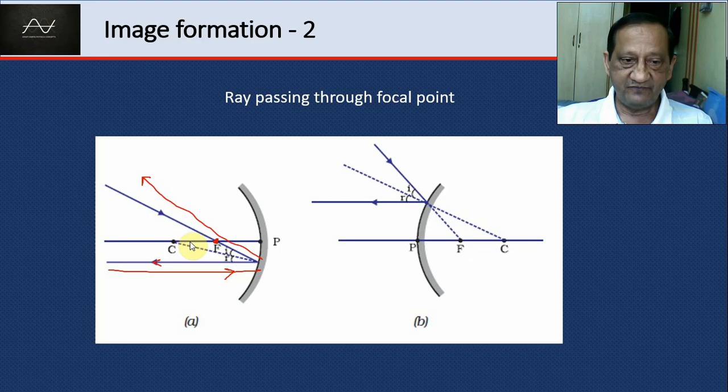If you reverse the direction of the ray, exactly the same trajectory will be there. So a ray passing through the focal point will emerge parallel. Here, this ray seems to be passing through the focal point and will emerge parallel to the principal axis. This is the incident one, this is the reflected one. That's the second type of ray.